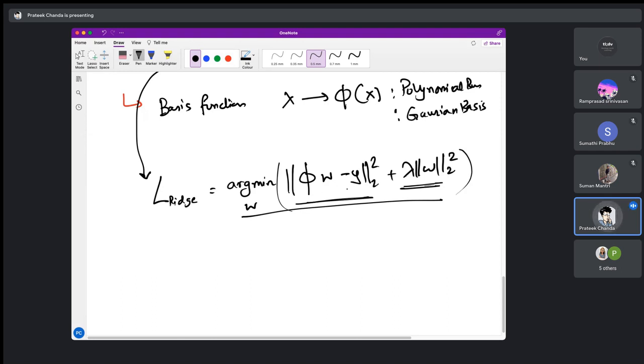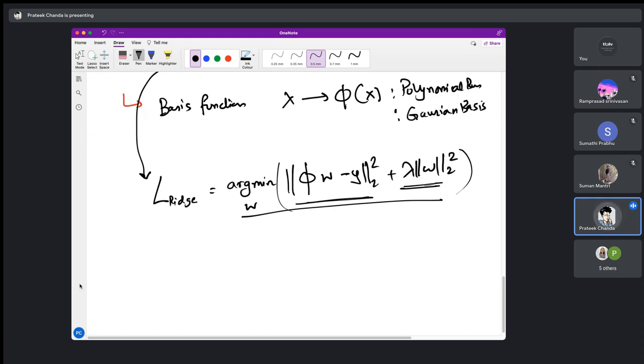Obviously my loss is getting minimized, but an additional constraint is that I should not choose a w, so that my loss gets minimized, such that it's too low or too high. So I'm putting a constraint on the range of w here, and that is how I can balance out complexity.